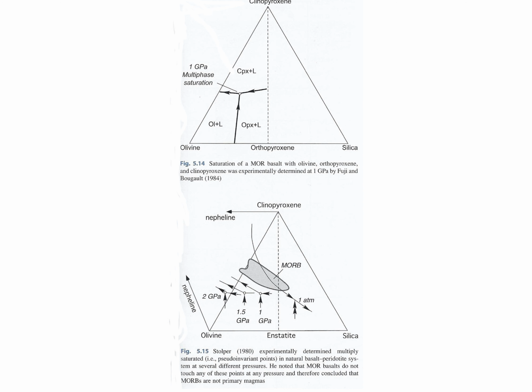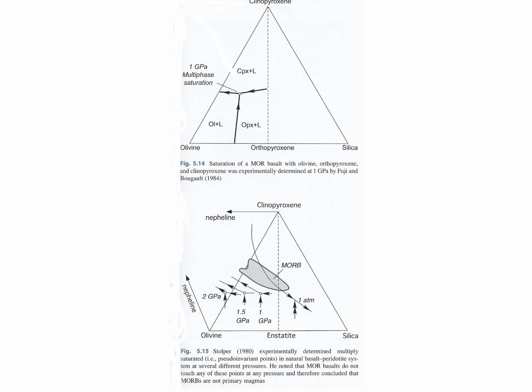What is written here: Stolper 1980 constructed this diagram and did experiments. That means experimentally determined multiply saturated pseudo-invariant points in a natural basalt-peridotite system at several pressures.